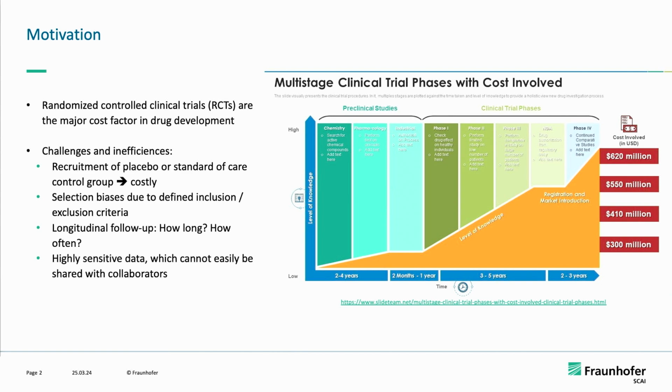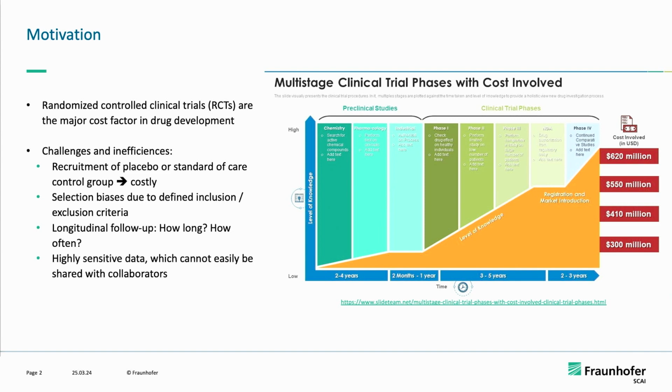And with that long introduction, I don't want to bore you with how important randomized clinical trials are, because I believe all of you know how tedious and also expensive they are. But instead, I'm gonna outline some of the challenges that exist.